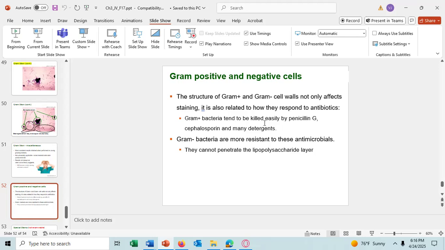The Gram-negative bacteria are more resistant to these antimicrobials, and the reason is that Gram-negative bacteria have an outer membrane on their cell wall. That outer membrane can help protect the cells, and for penicillin G, for example, that outer membrane will not allow penicillin G to get through.